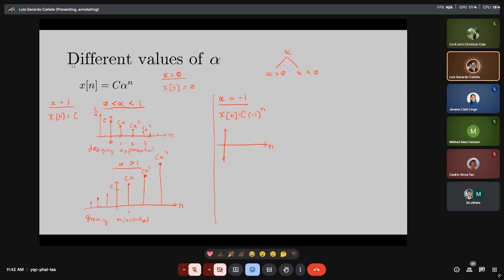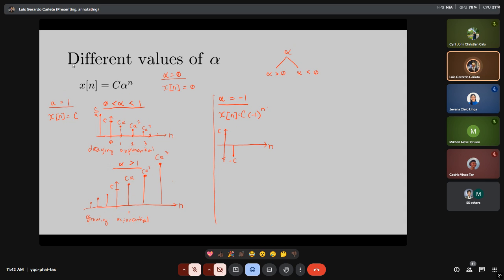Right? So because of this being a negative number, in particular the number is -1, then when n is equal to 0, the value here is going to be C, right? But then when n is going to be equal to 1, it's going to flip to the other side, and then that's going to be -C.